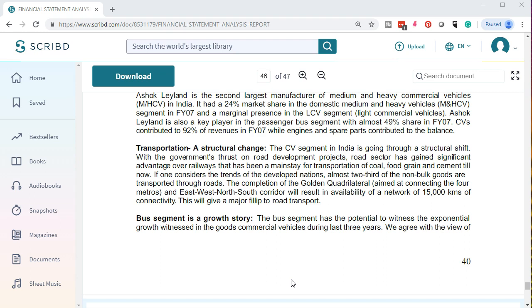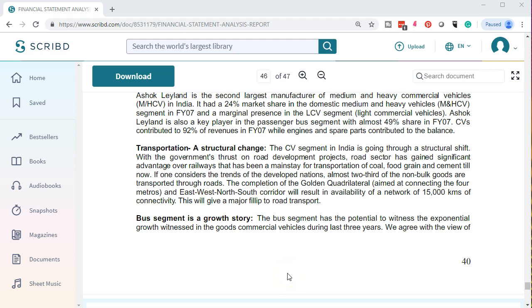If one considers the trends of the developed nations, almost two-thirds of non-bulk goods are transported through roads. The completion of the Golden Quadrilateral, aimed at connecting the 4 metros, and the east-west and north-south corridor will result in availability of a network of 12,000 kilometers of connectivity. This will give a major fill-up to road transport.